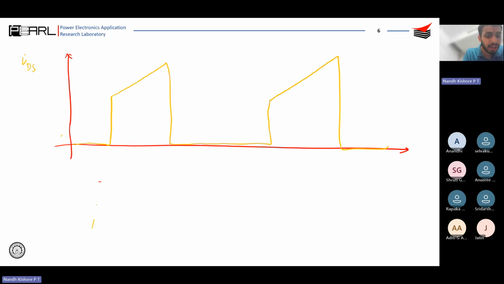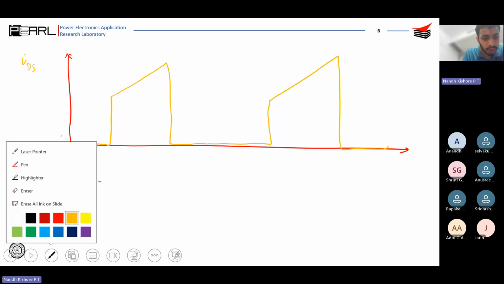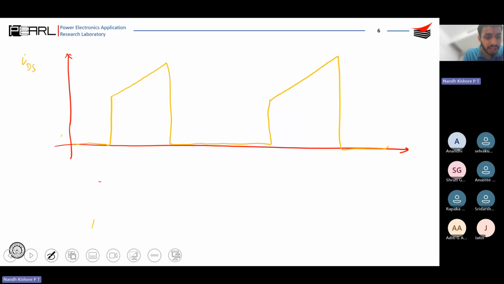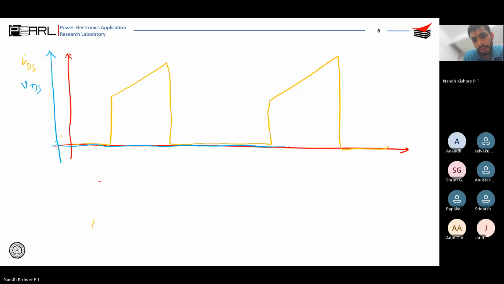And your VDS is going to be something like, so the VDS will be blocking voltage when the device is off.